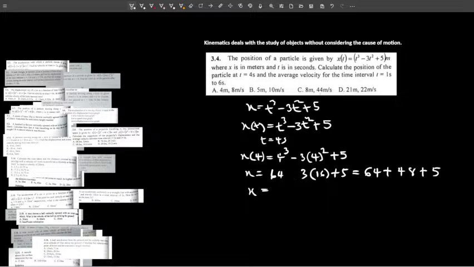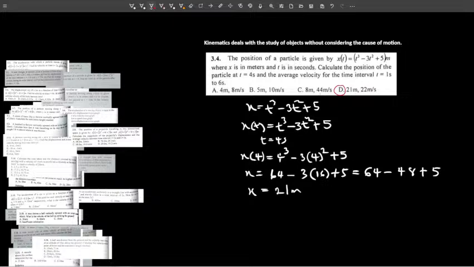It is a minus sign, so this will also be minus. So we have 64 minus 48 plus 5, and my answer here should be 21 meters. Looking at the options, D is the answer. That's the only one that has 21 meters. But let's just solve.